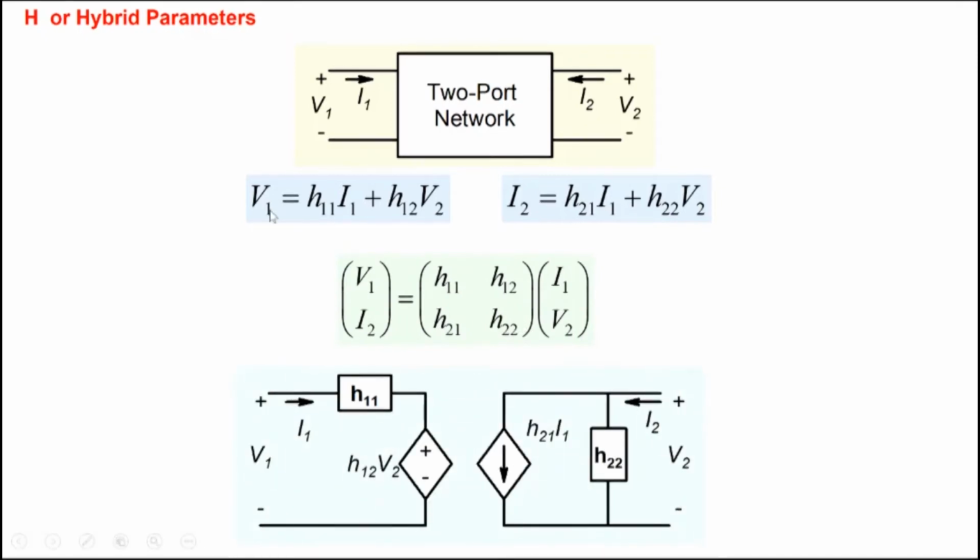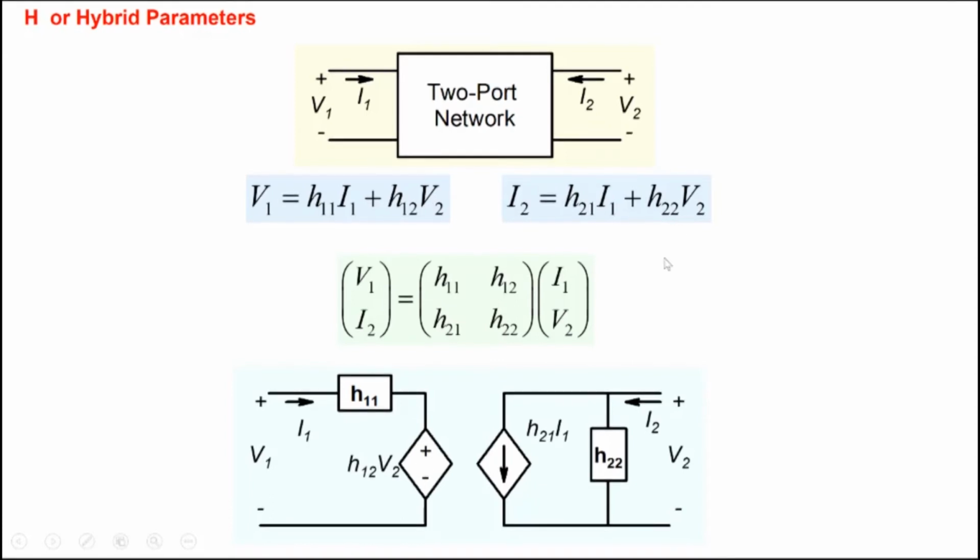And in a circuit form, we are writing V1 as the sum of two components here. So voltage being the sum of two voltage drops. So this is represented as a series circuit, H11. So V1 is H11 I1 here. So it's basically an impedance here. And this one we have to represent as a voltage dependent voltage source here.